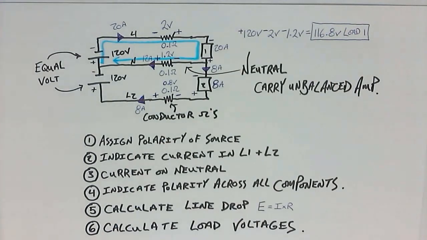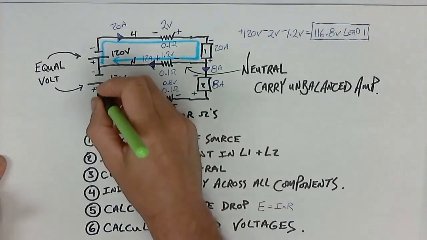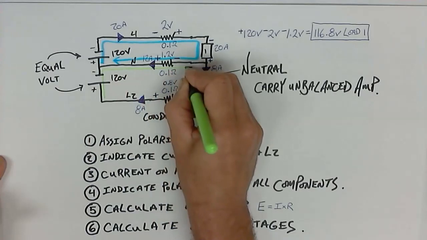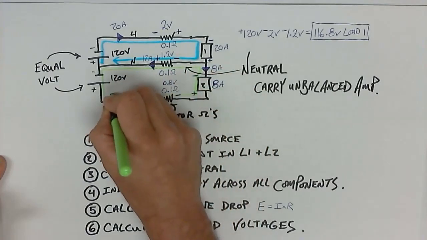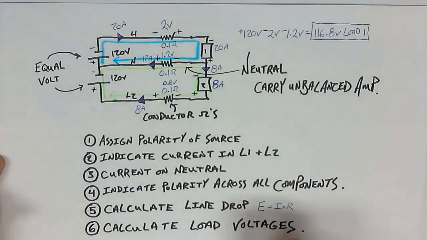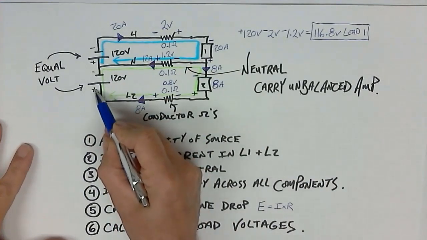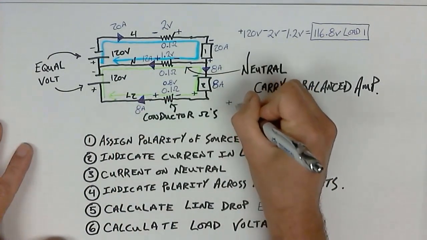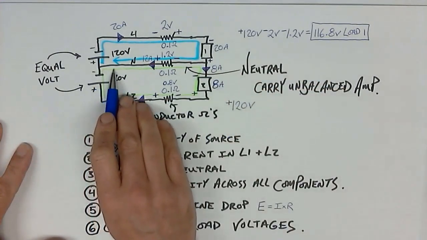All right, let's do a second loop. And the second loop is going to be for my smaller load. I'm going to, again, start on the positive side of my source, go all the way around, and return to the same place. So with this one, I'm starting here. The first polarity I encounter is positive 120. So I'll just do it down here. Positive 120 volts. I come along the top.